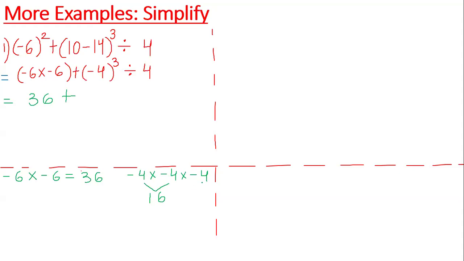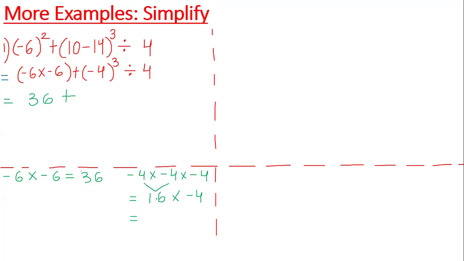We bring down a negative 4. And then we have 16 times negative 4, which is what? Not positive 64.